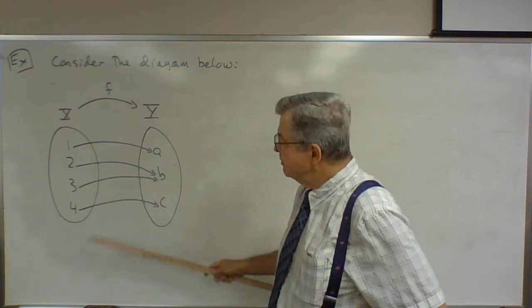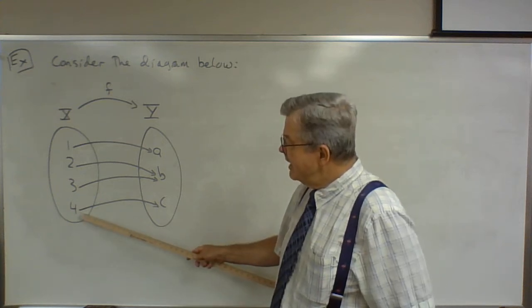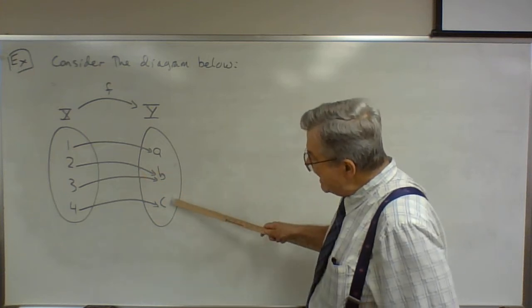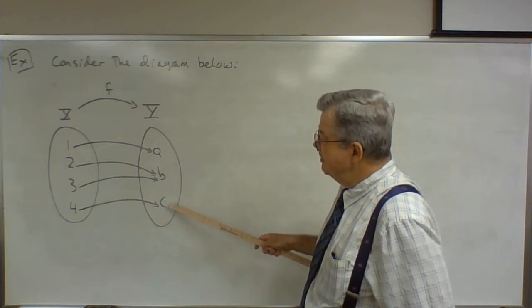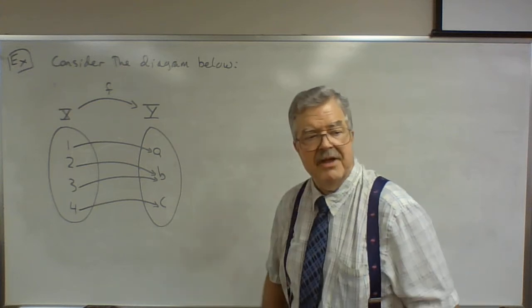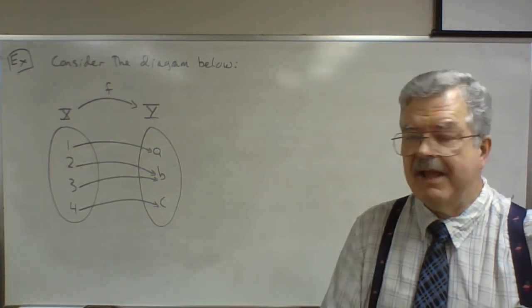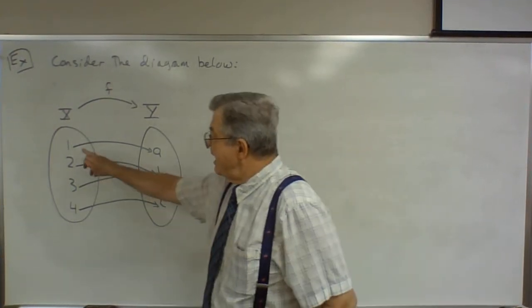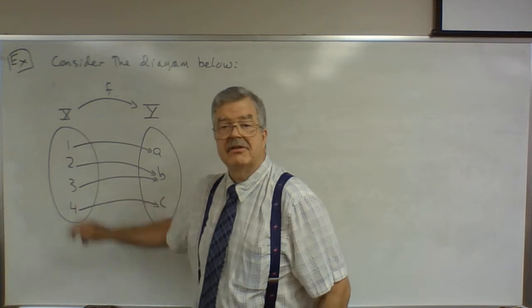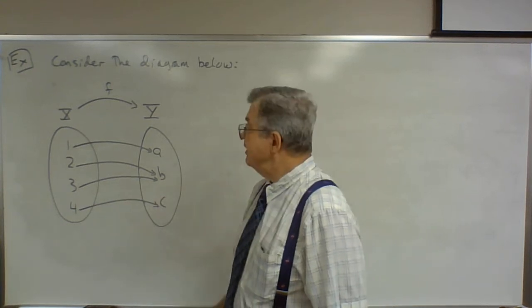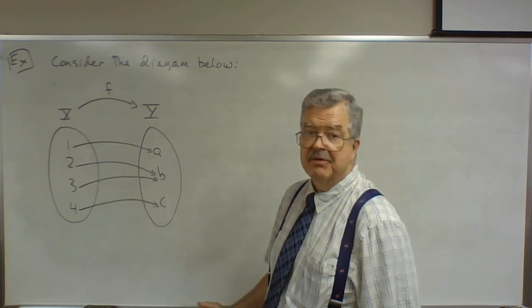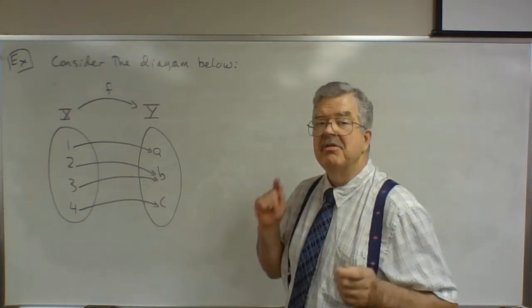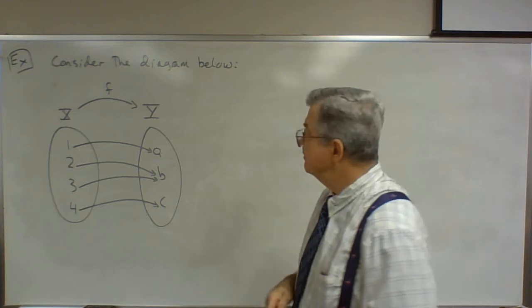That's all that matters. And element 4 in set X, the domain, is assigned exactly one element, C, in set Y, the range. So we can say, quite honestly and accurately, that every element in set X, the domain, is assigned exactly one element in set Y, the range. So this is a function.